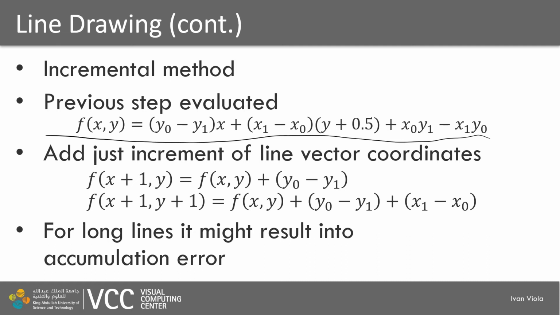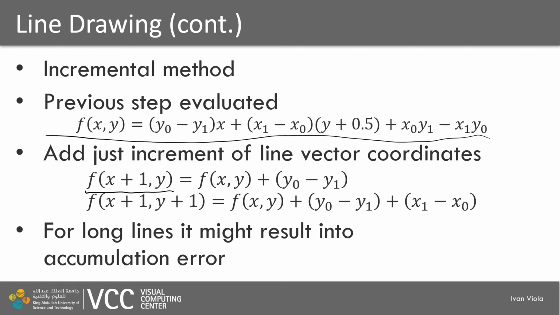Between those two, we are possibly going to draw the pixel in one of them. Now, if we are adding x, so please have a look at this formulation, we are adding x but keeping y.